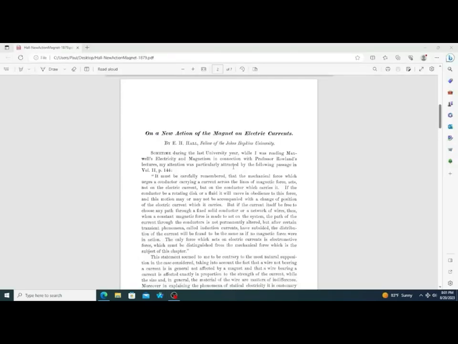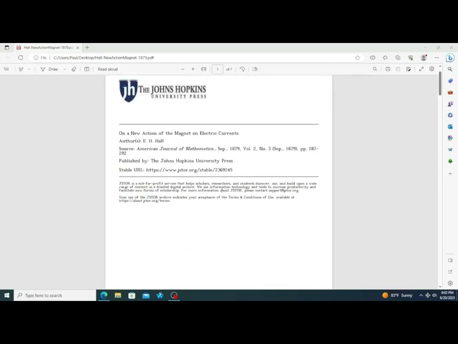Okay, so let's get started. And this is the paper on a new action of the magnet on electric currents that gave rise to the eponymous Hall effect. We should probably provide some context and get a lay of the land here, which will make this, I think, even more interesting.